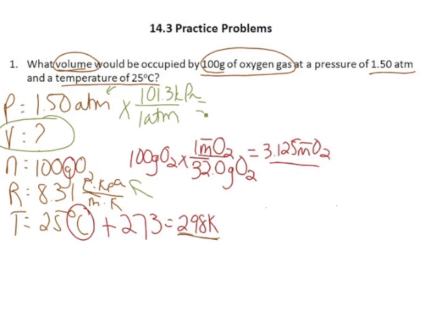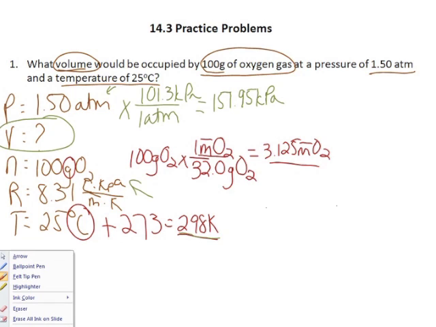So we need to plug that in. And we get, let's see, 1.5 times 101.3 equals 151.95 kPa.